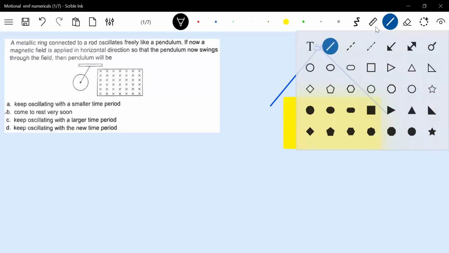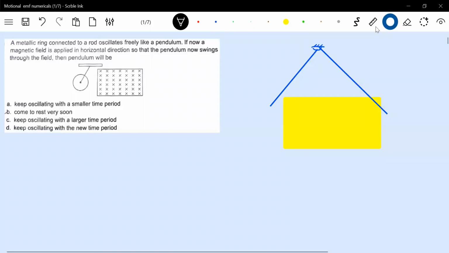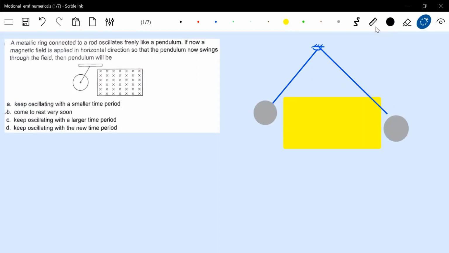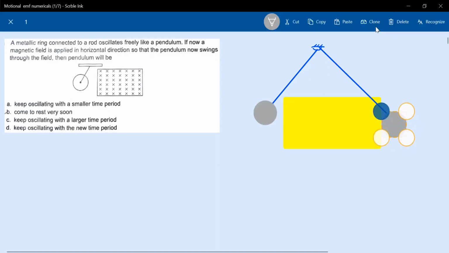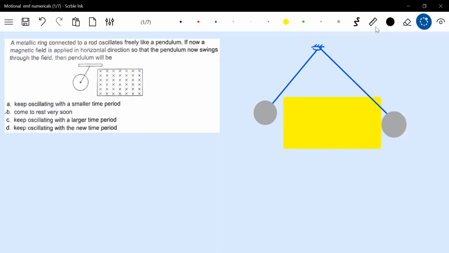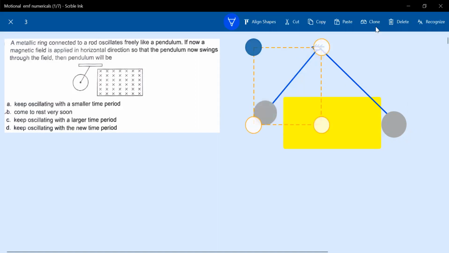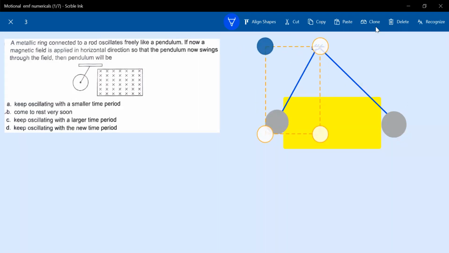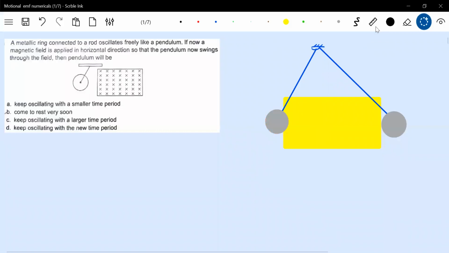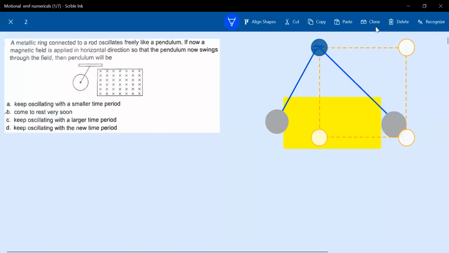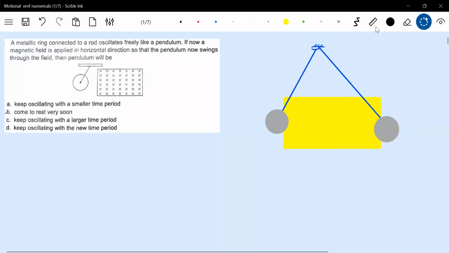At two of the positions I'll show it, when the disk is entering the field. We'll keep it in this position.